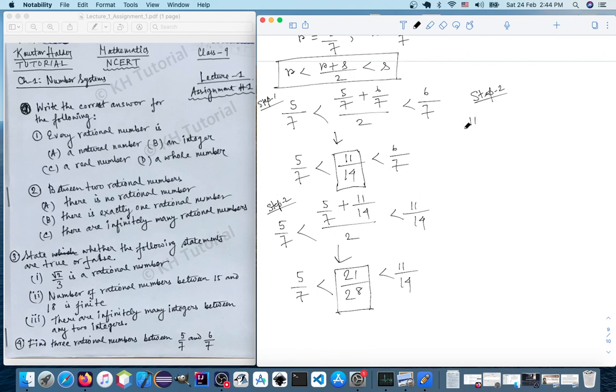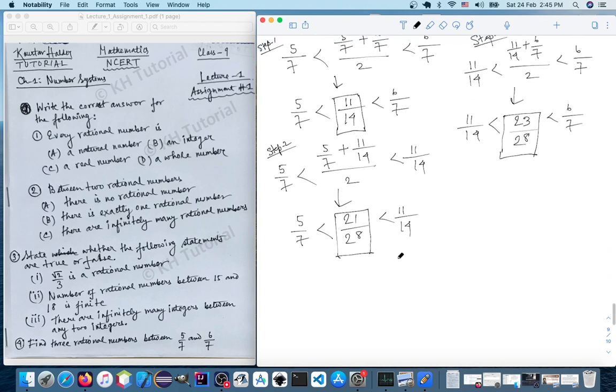So we have 11 by 14 is less than (11 by 14 plus 6 by 7) by 2, which is less than 6 by 7. If you simplify this term, 11 by 14 plus 6 by 7, this becomes 23 by 14, and then 23 by 28. So we have found the third rational number.